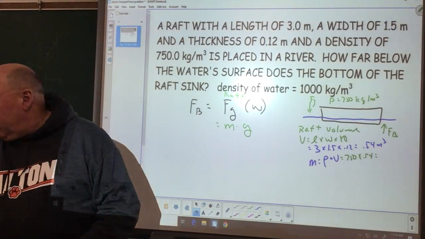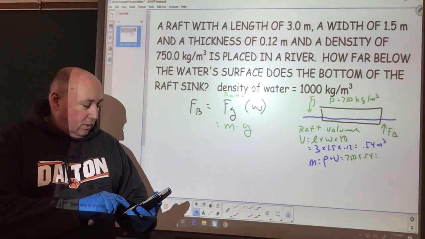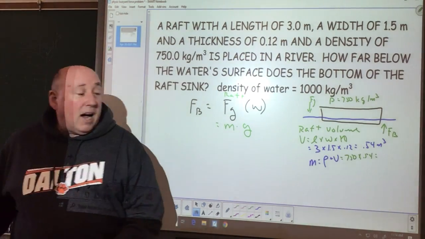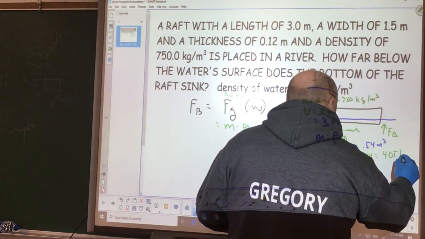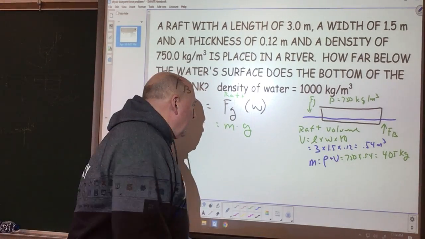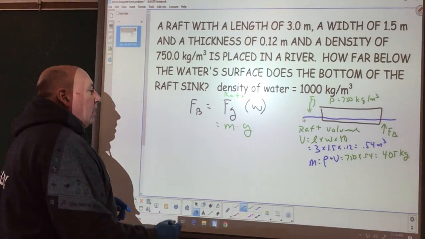If I multiply these together, we get 405 kilograms. So we have the mass of this as 405 kilograms.